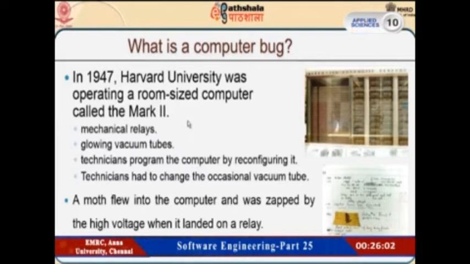So they were working on a room-sized computer, but a moth flew into the computer and was zapped by the high voltage. Because of this, it landed on a relay and a bug was identified. So this is one of the first bugs found when we were working with computers.